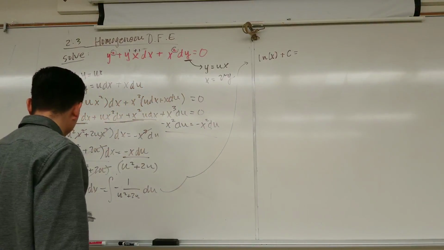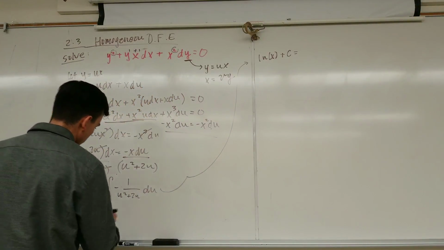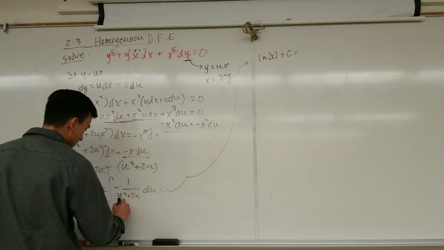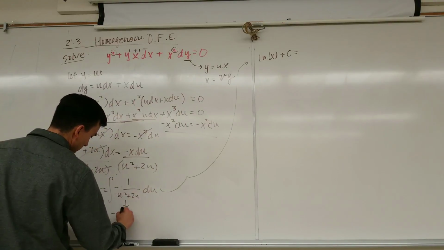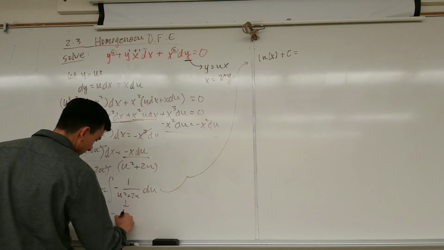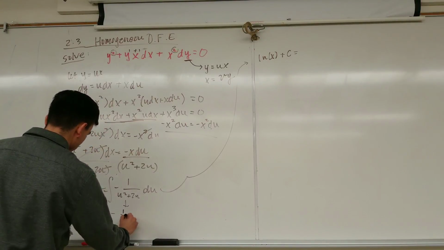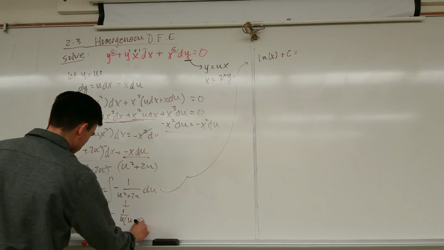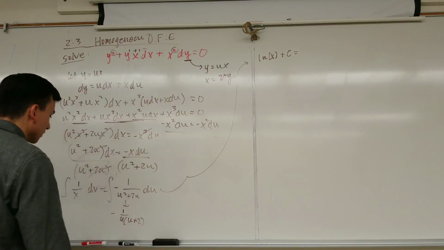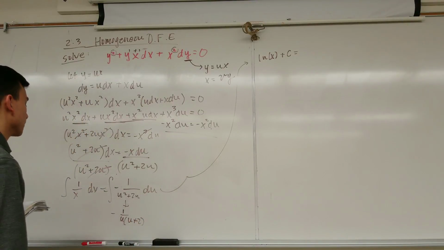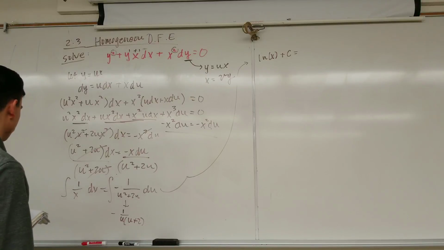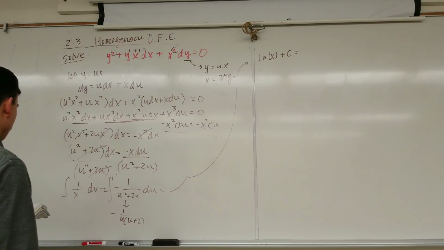essentially, because we're going to factor out this u, we're going to get negative 1 over u times u plus 2, right?